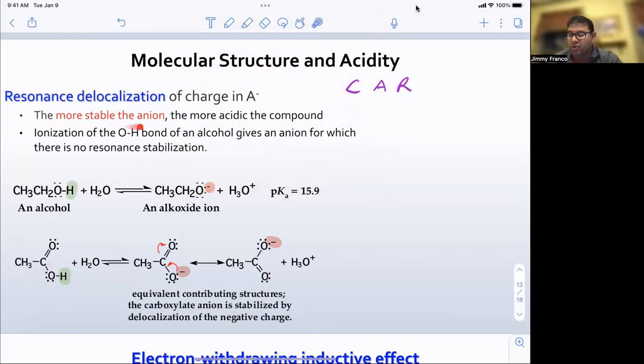The more we can move that negative charge around, the more stable that anion, so more acidic. And so we see that this is the more acidic molecule. If we're comparing those two, the one that has that resonance is going to be more acidic, and the more places you can move it, the more acidic it's going to be.